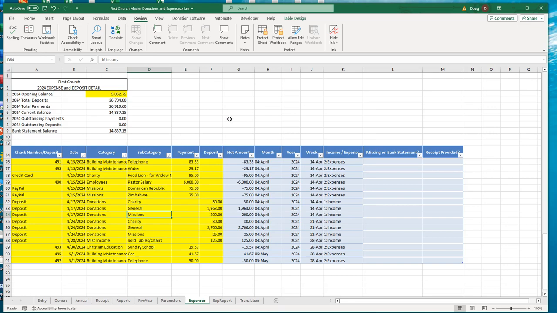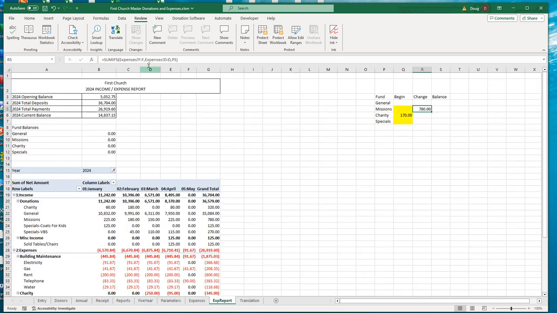So money coming in, we sum F and look for the word missions in D. For the payment, we sum up what's in E and match the word missions in column C. So it's very similar, and we just adjust the column letters. That's all we have to do. Pretty simple, so we'll do that.